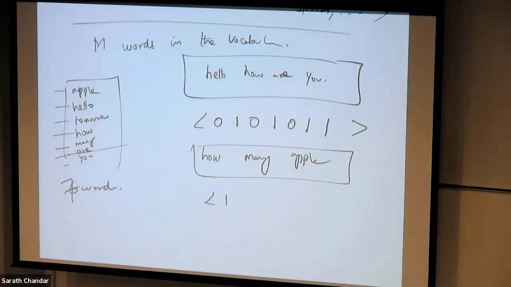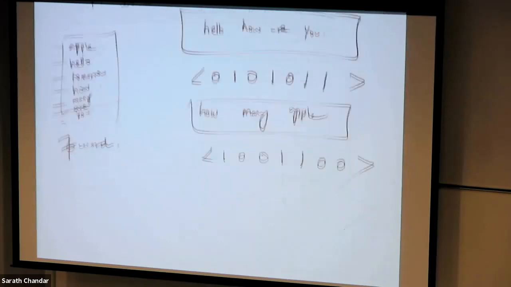It's going to be 1, 0, 0, 1, 1, 0. Is that right? No, there are only 6. So 1, 0, 0, 1, 1, I think 0, 0. Does everyone get how I convert the document to numbers?